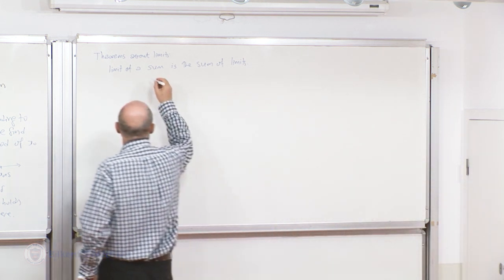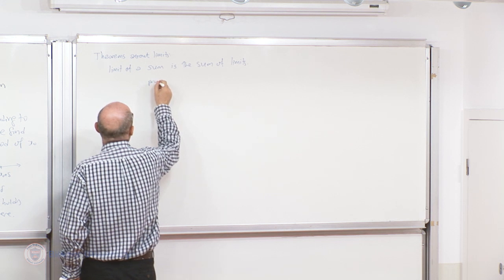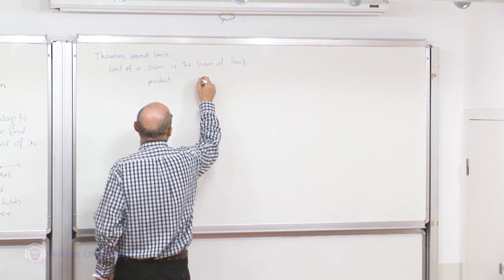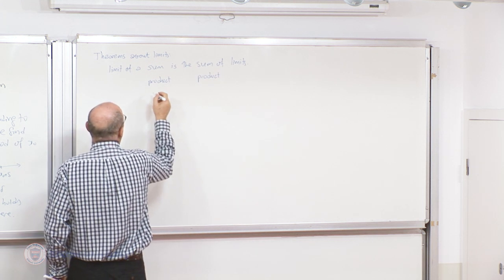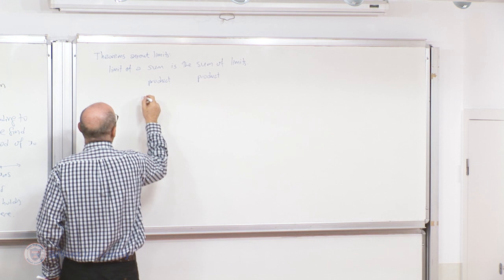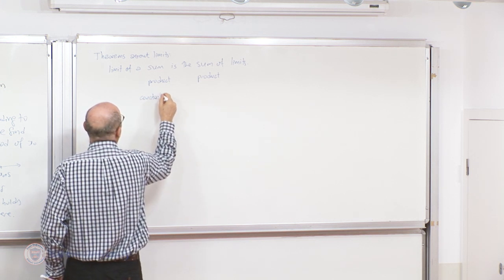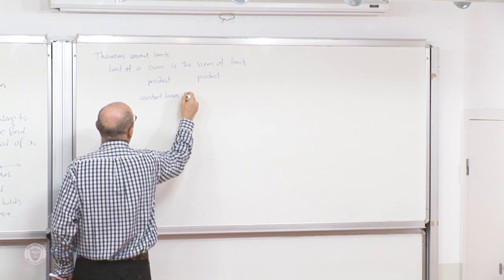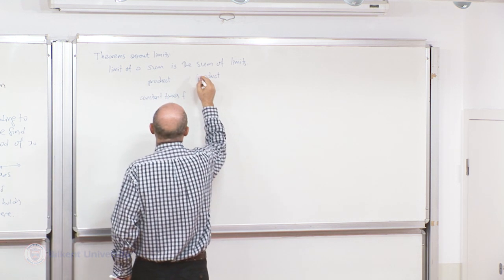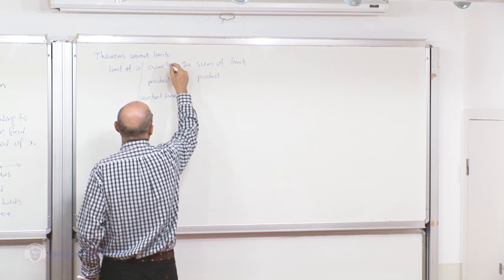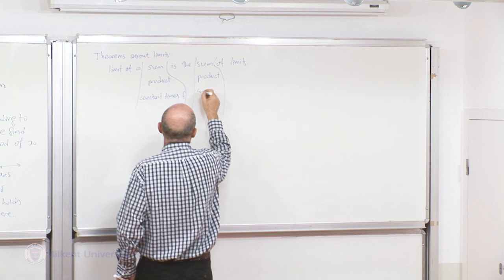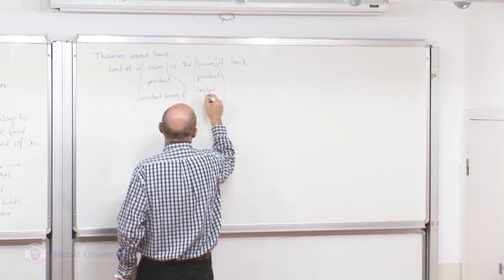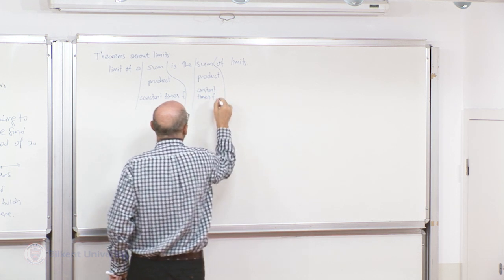So instead of this sum, you can talk about product. The limit of a product is the product of limits. And the limit of a constant times f is, so here these are blocks, and you have the same thing here, constant times the limit of f.